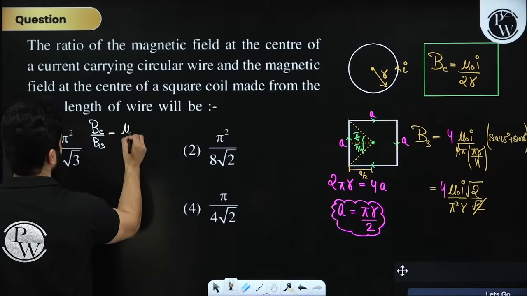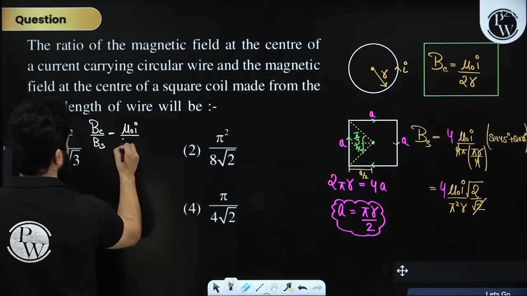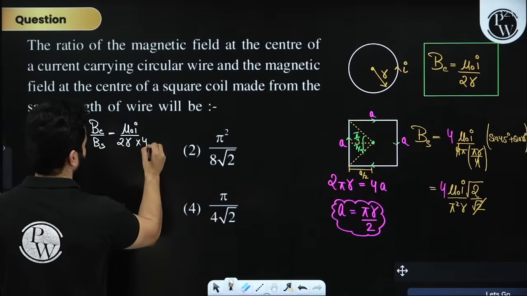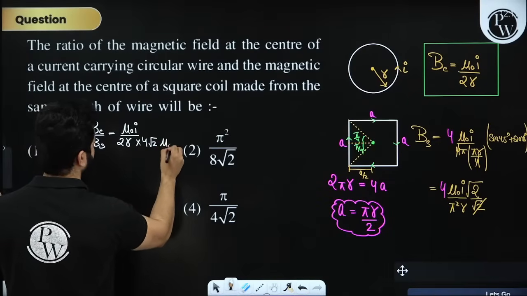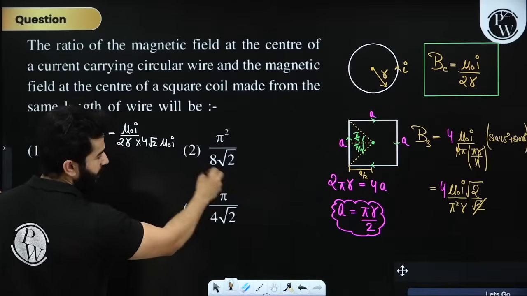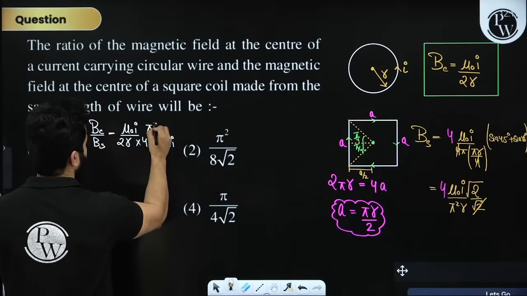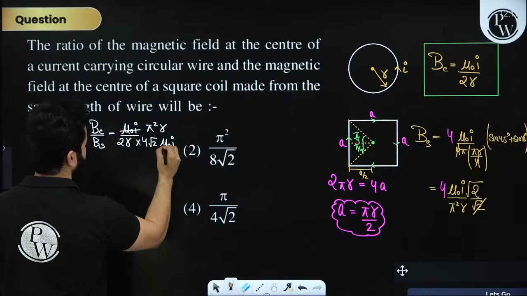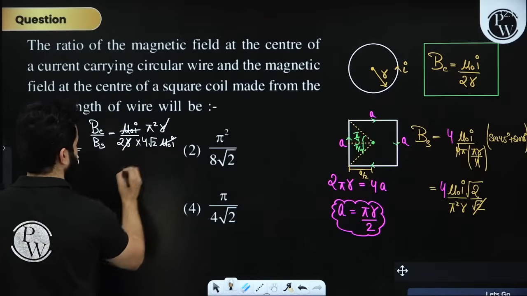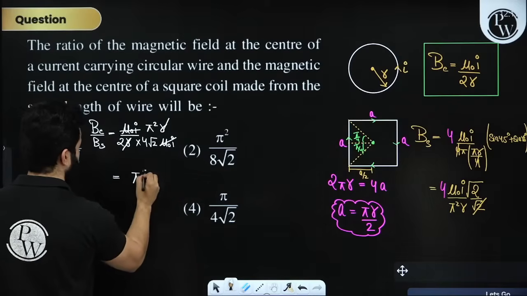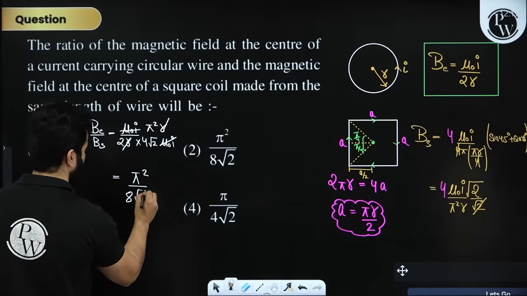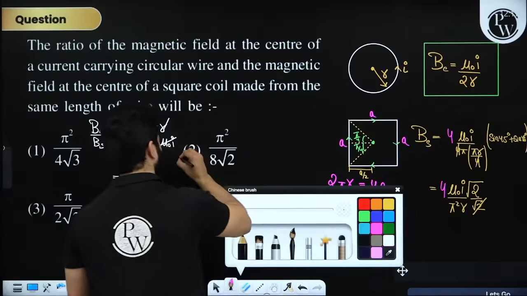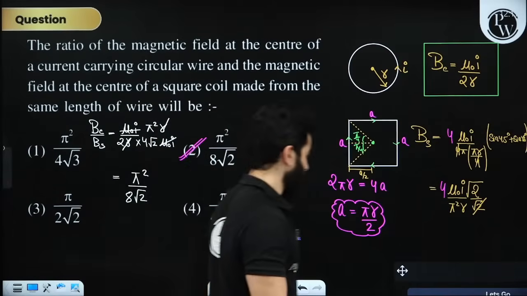So this is mu naught I upon 2R, and this is 4 root 2 mu naught I, hopefully everything is correct, divided by pi square R. Clear? So first of all, mu naught I can be cancelled out, R can be cancelled out, and we are getting pi square divided by 8 root 2. Pi square divided by 8 root 2 is the correct answer. That means option number 2.